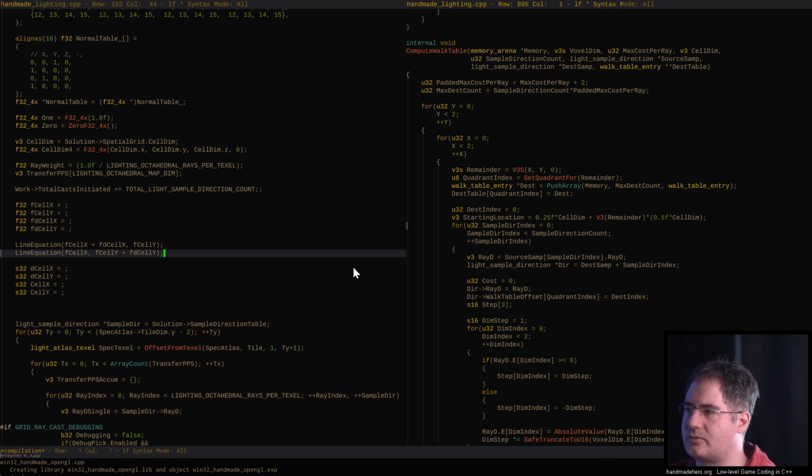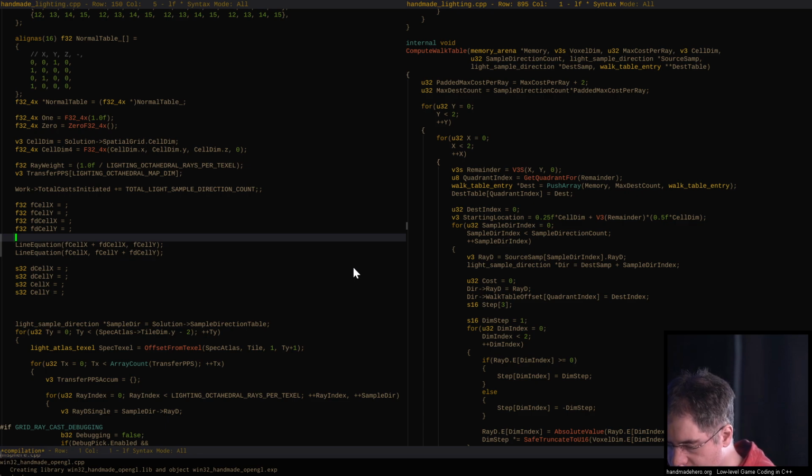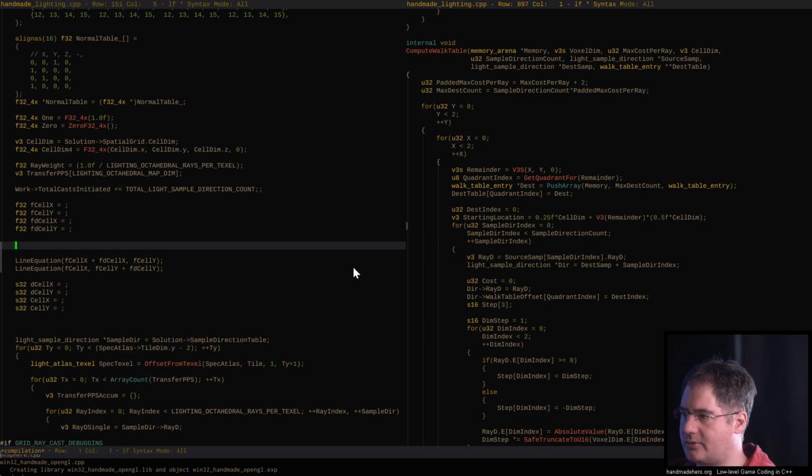So if you look at the ray direction, the ray is already normalized. So I think I'm just going to have to write this out equation-wise, right?